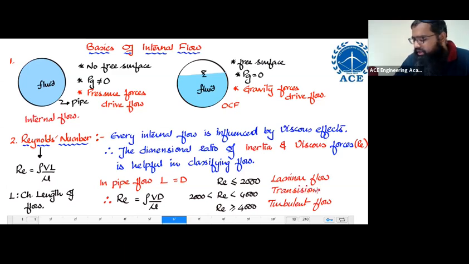It is basically a region where you are having conversion from laminar to turbulent. That is known as your transitional flow.